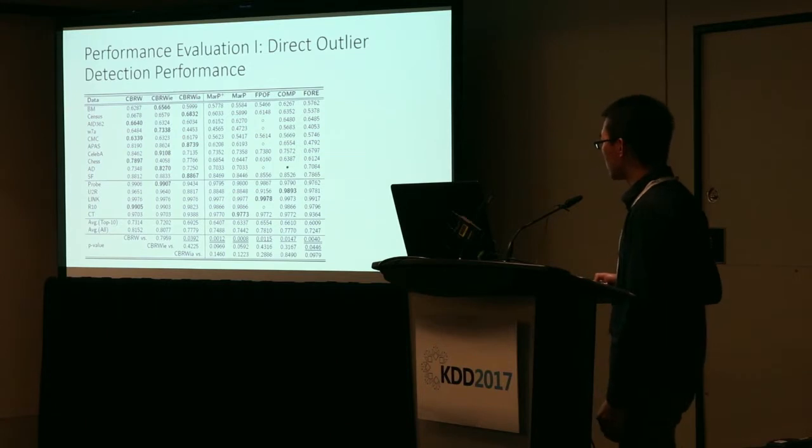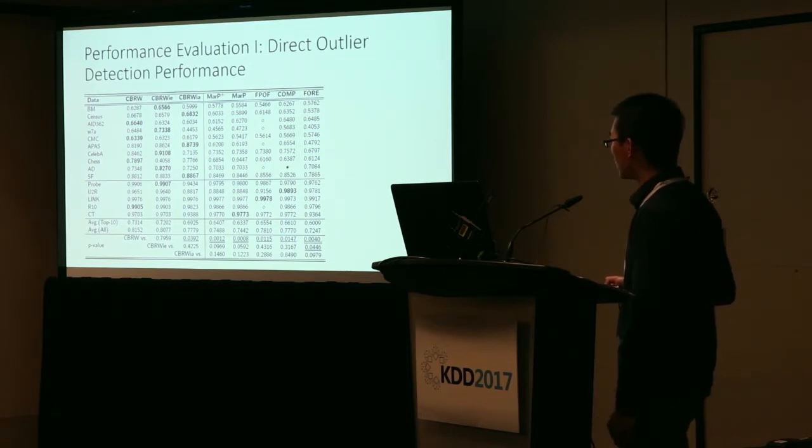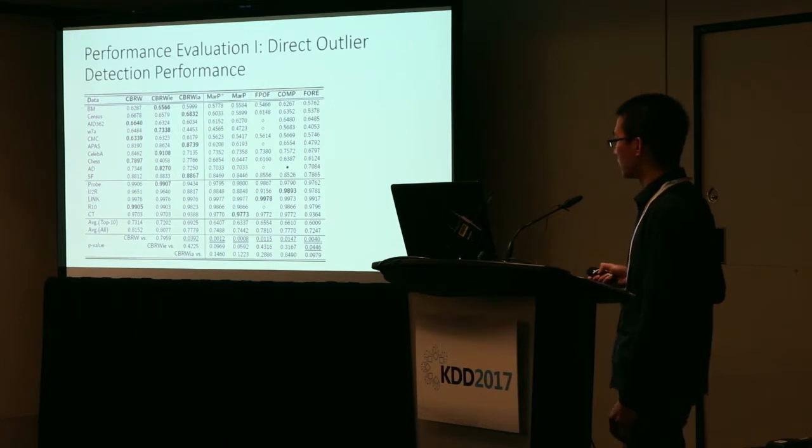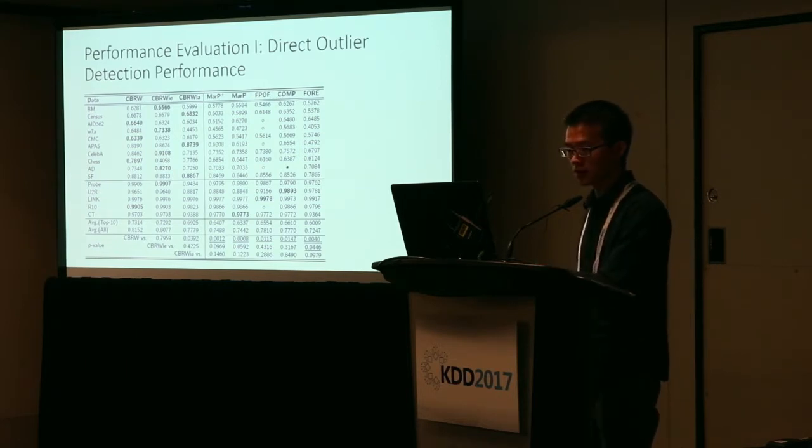You can see the results. The original model and the two variants have substantially better performance than the traditional ones, and the best is still the full model, which models both the inter-feature outlier factors and the intra-feature outlier factors.